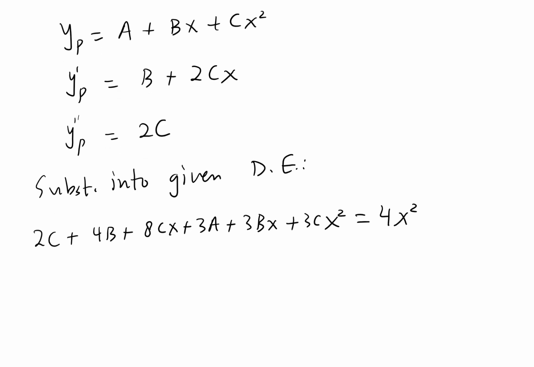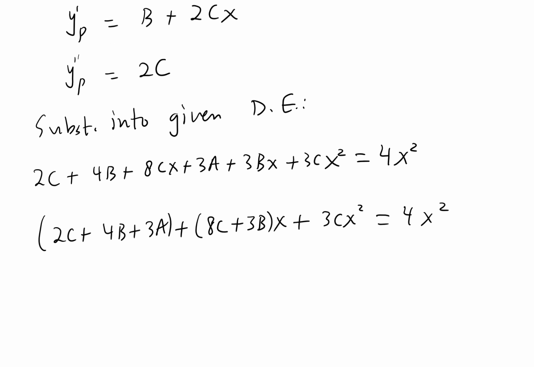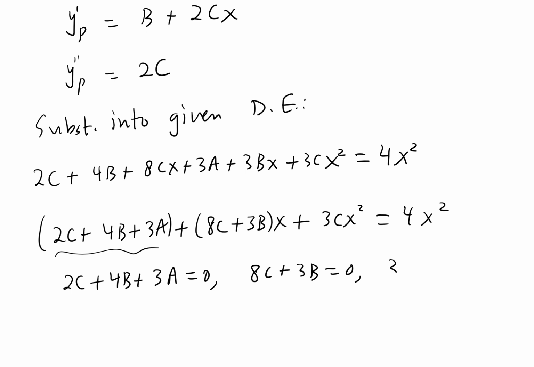Now we group like terms: the constants together, 2c plus 4b plus 3a, then the x terms, 8c plus 3b, and the x squared terms, 3c. We compare coefficients. 2c plus 4b plus 3a is 0, 8c plus 3b is also 0, and 3c equals 4, so c is 4 over 3.